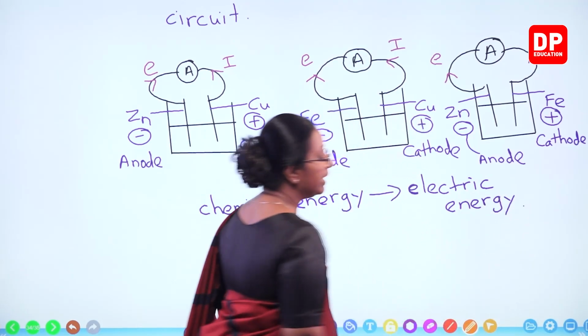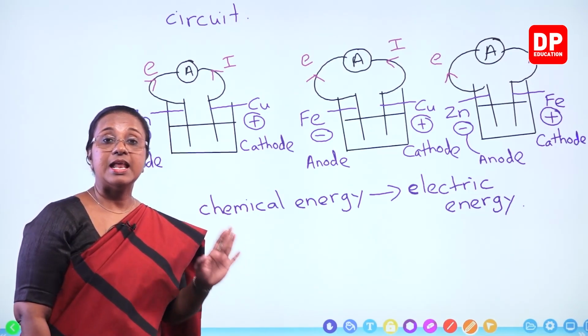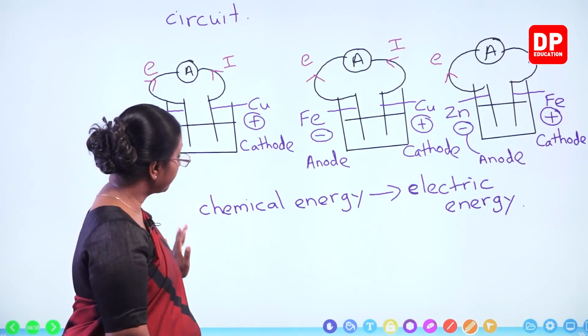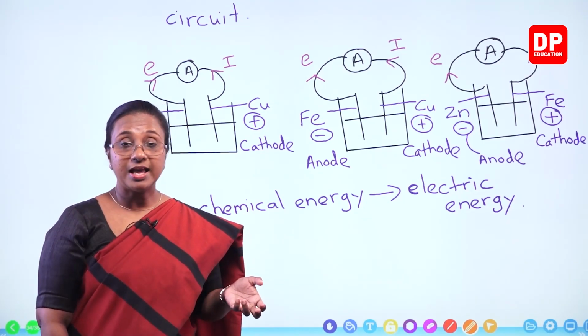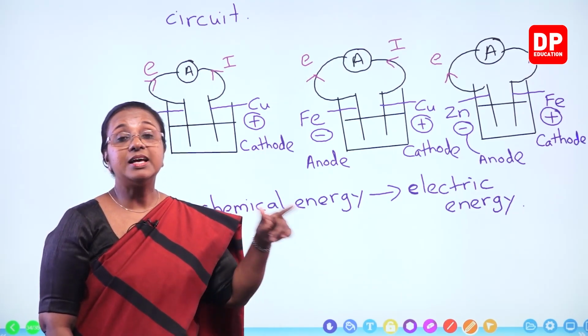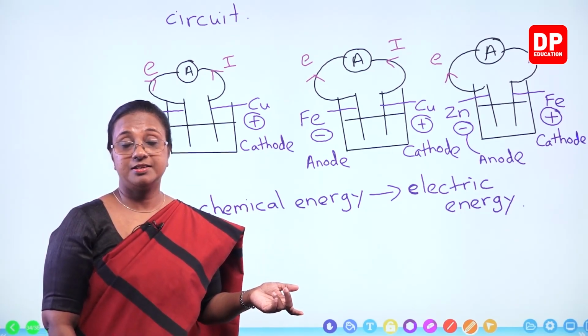That is the energy conversion taking place in all these cells. In an electrochemical cell, from chemical energy, electric energy is produced. Or you all can remember, by the chemical reaction, there is electricity generated.